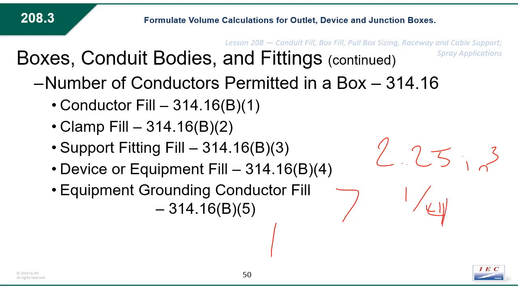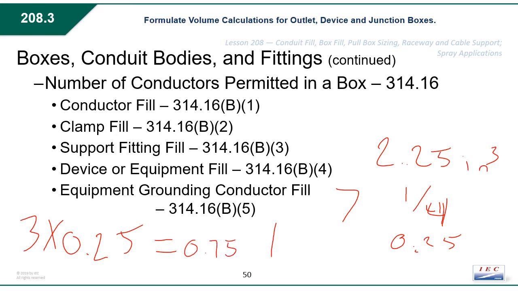1/4 conductor each, or 0.25. So I take my 3 times 0.25, 3, because 7 minus 4 is 3, times 0.25 equals 0.75.